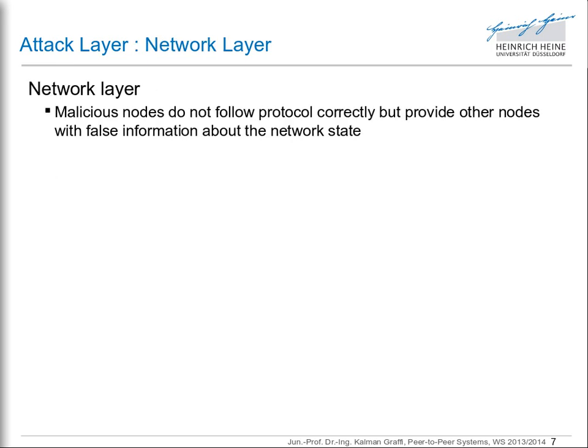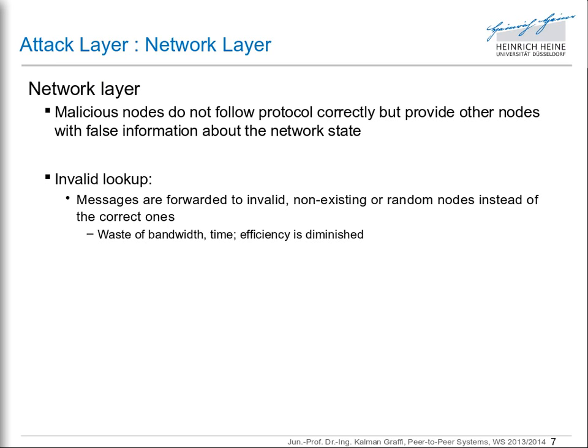Okay, let's proceed to the network layer. We saw how nodes can perform attacks on the application layer, for example, by telling wrong capacities, for example the bandwidth, or by not contributing. Here, malicious nodes may modify the protocol in order to harm other nodes in the network by providing false information about the network state.